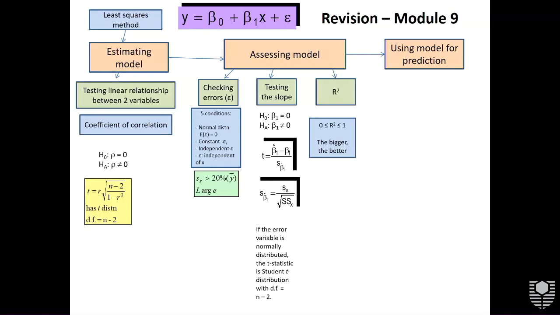Either positive, meaning X and Y go in the same direction, or the opposite way, where X goes up and Y goes down, a negative association. Or the other case, there is no association between X and Y.